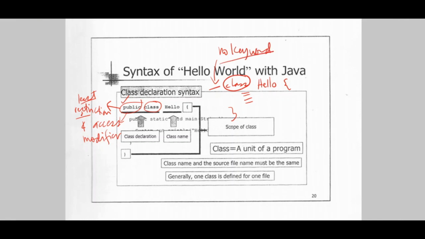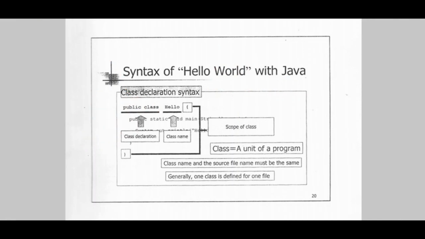But as I mentioned in our previous video, the public access modifier is the one which is commonly used because it will allow this Java class to be open or accessible to all the other Java classes within the same project.